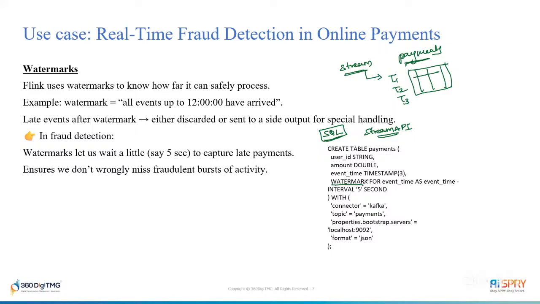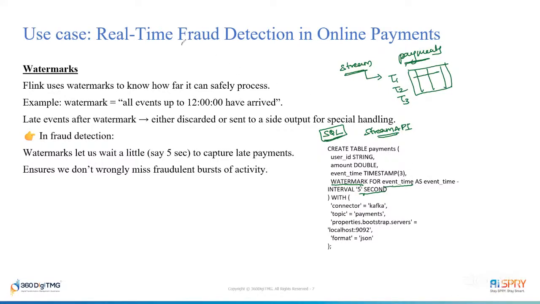See, watermark for 5 seconds. While defining a watermark, you have to provide the timestamp column, the event time. And you are mentioning to wait for 5 seconds. If there is any late arrival, wait for 5 seconds and accept the data. If the data arrives more than 5 seconds late, then Flink will either drop it or process it separately.